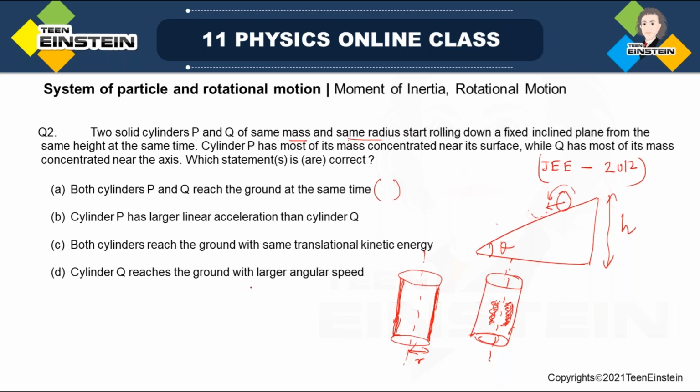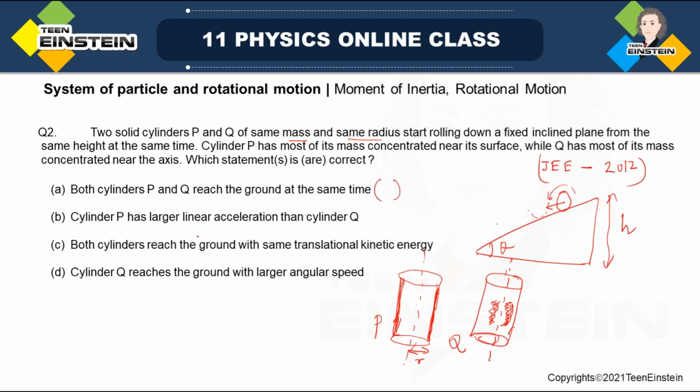So there is some information we need to find out from these two cylinders P and Q, whether P and Q reach at the same time. This we will say later. First, let us see other options.